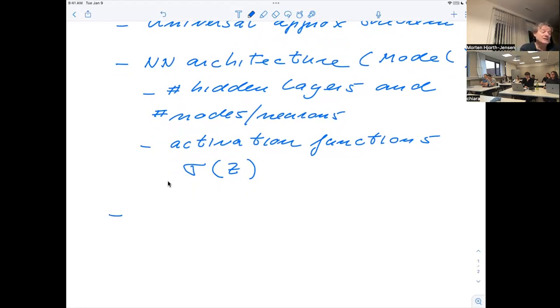Then, when we have decided on the model, and everything which you see here brings in different parameters, we need to set up the type of cost function or loss function, as we have interchangeably called them, and the optimization method and optimization algorithm.